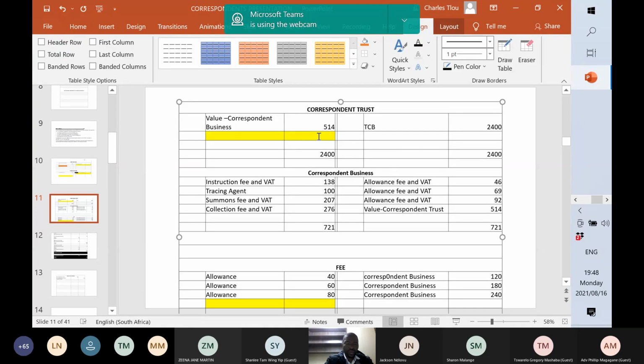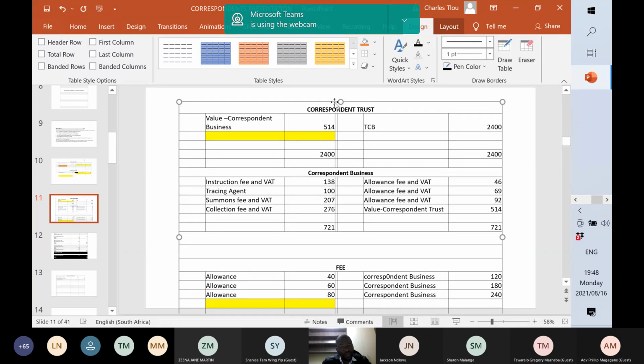Apologies, sir. I've left out the 400. It's not the correct amount, okay? How much is the balance then? 1886. 1886, correct. That simply means we owe the correspondent an amount of 1886.